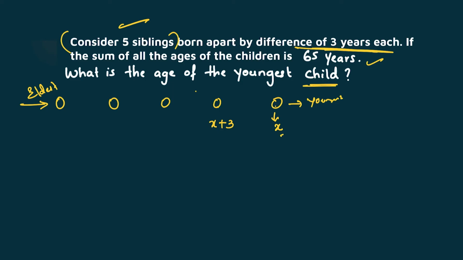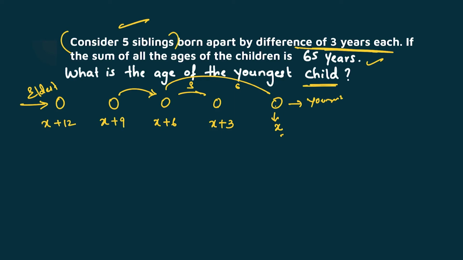The difference between these two siblings should be 3, and between these two it should be 6. So x plus 6, and this goes on, and again the difference between these two siblings should be 3. So x plus 9 and x plus 12.